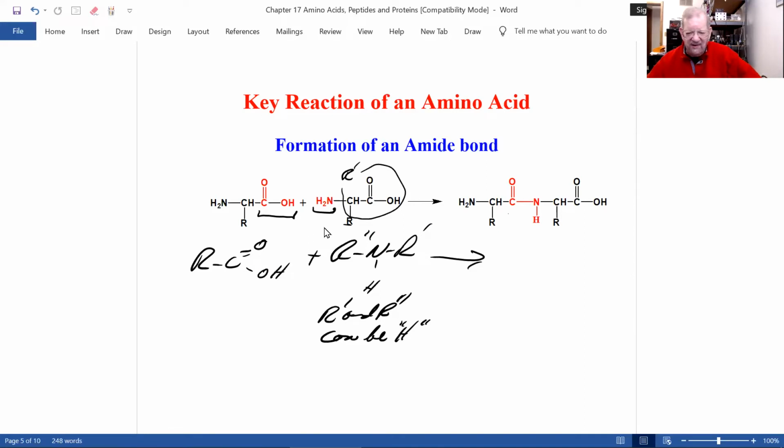You form an amide, which is this. And you learned this for test number 3.